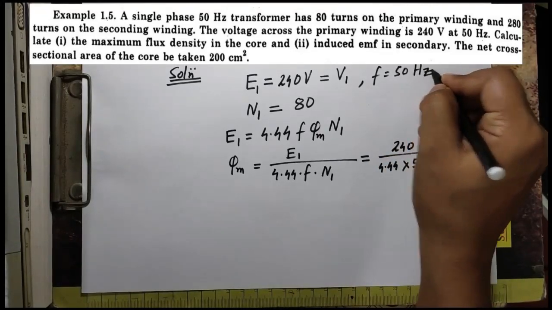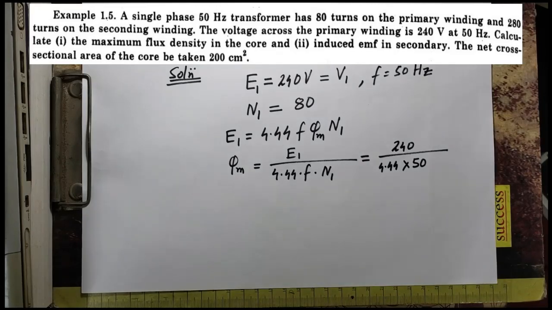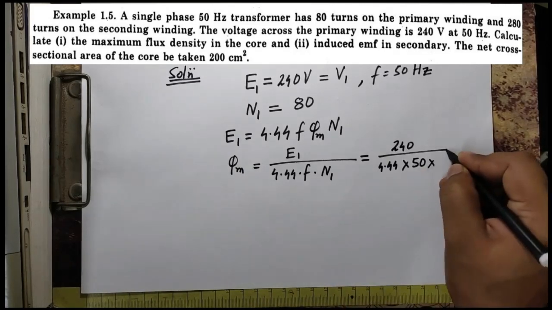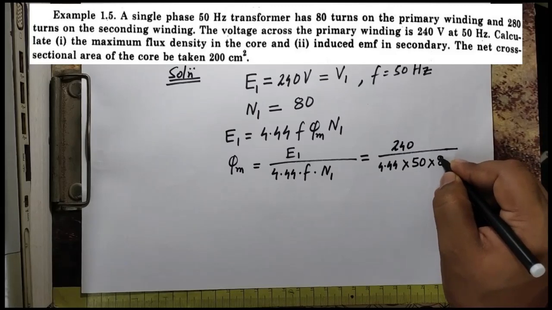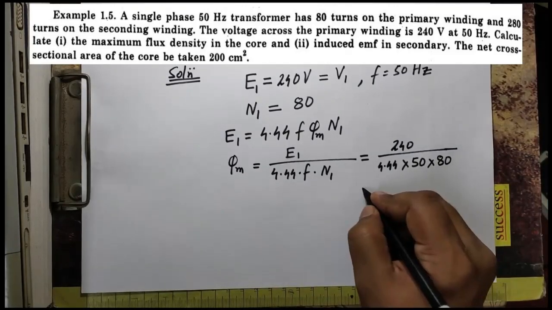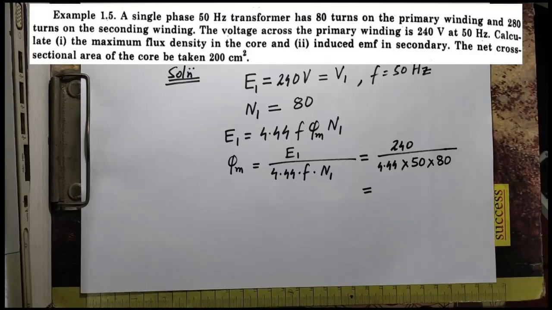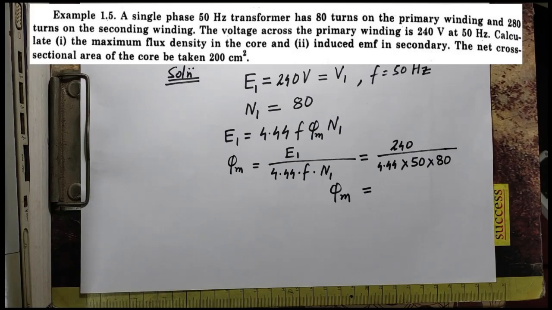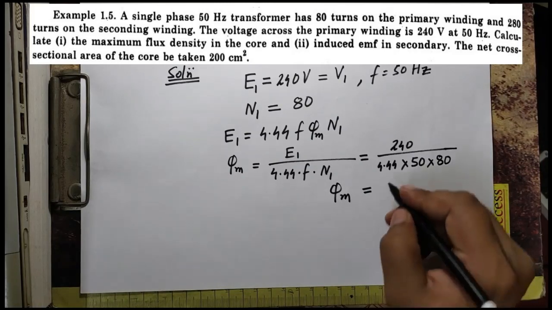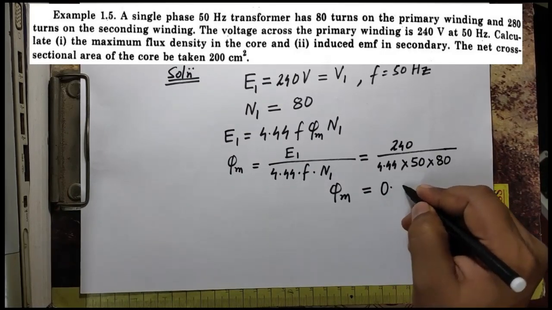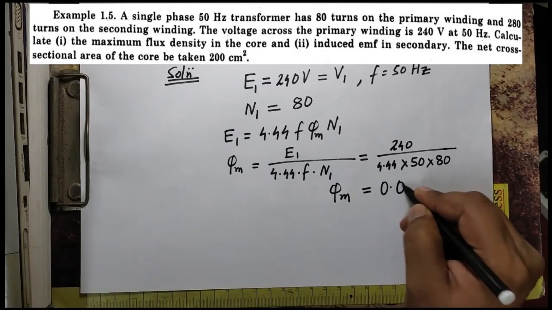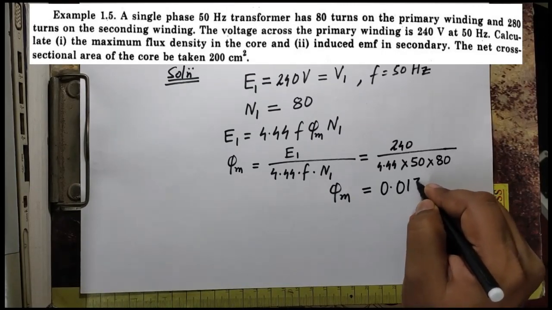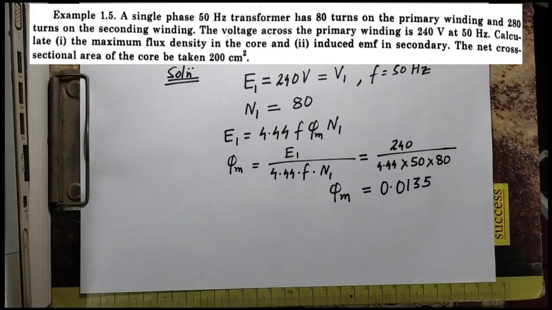This is the general frequency in India. Now put the value of N1, which is given 80. If you solve this, you will get the value of phi max. Calculate. It will give us a value of 0.0135. Please check it.